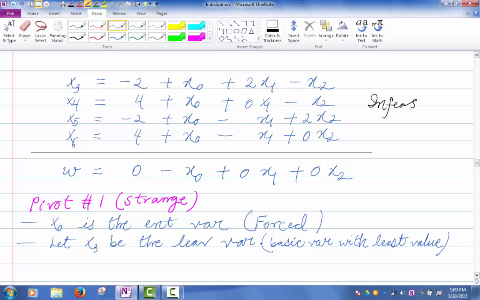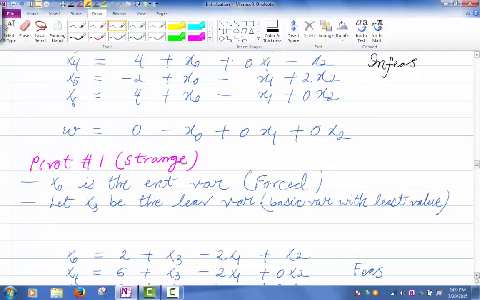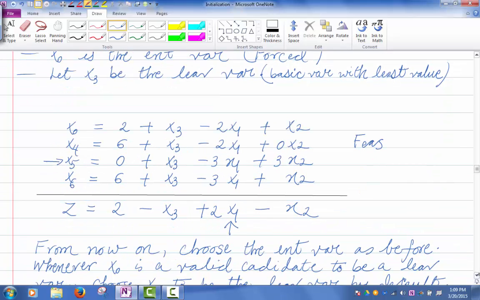So I can pick any one of them as the leaving variable. So x3 leaves, and then we get our first feasible dictionary. Once we have our first feasible dictionary, then the pivoting operations are exactly the same as before. Okay?